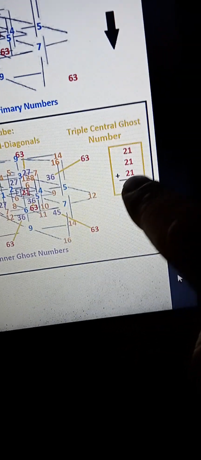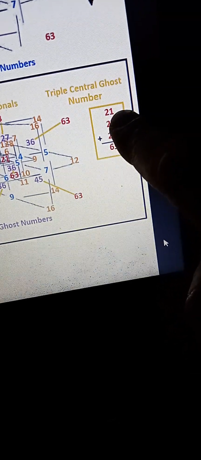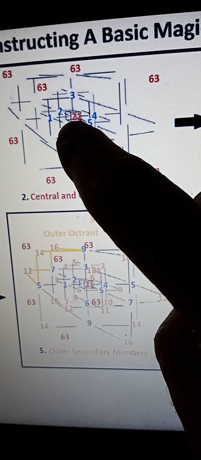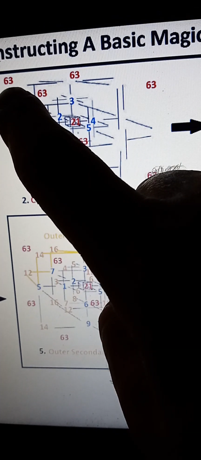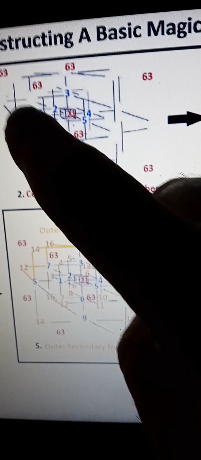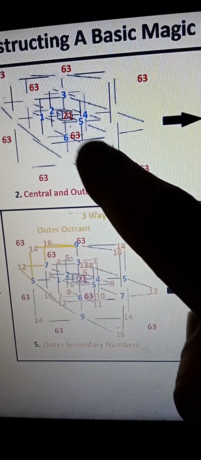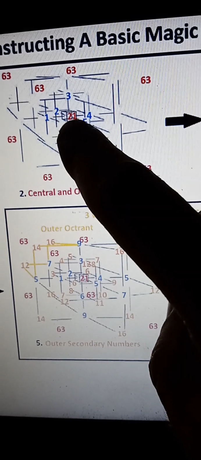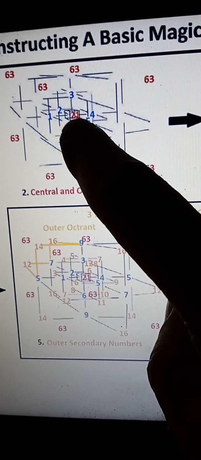And then the last way, or really the first way in my opinion, is to do the triple central ghost number. That's how you determine the outer ghost numbers to begin with. You add 21 in this case 3 times, and that gives the outer ghost number 63. If you were using a multiplication cube, it wouldn't be 21, it'd be some other large number, and you would multiply it 3 times to give the outer ghost number.